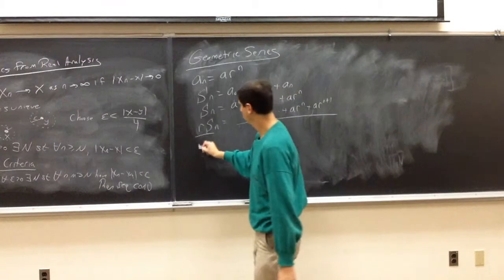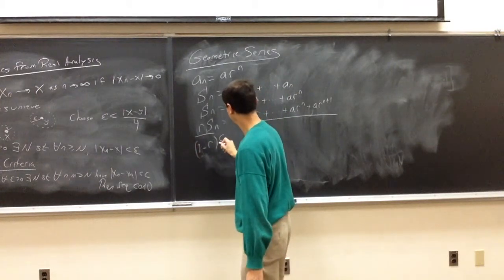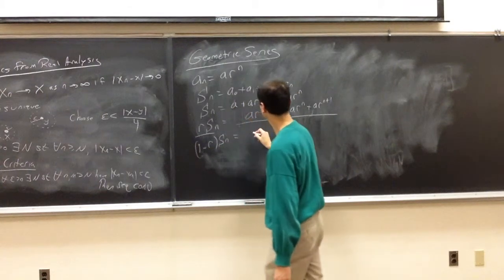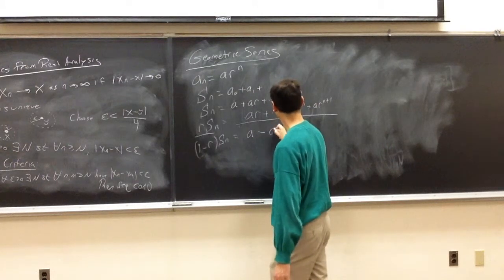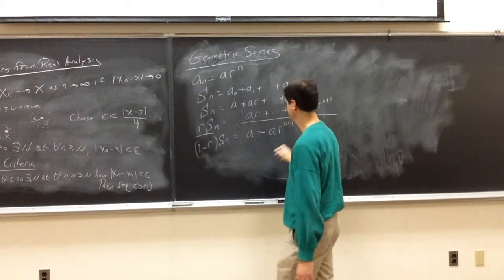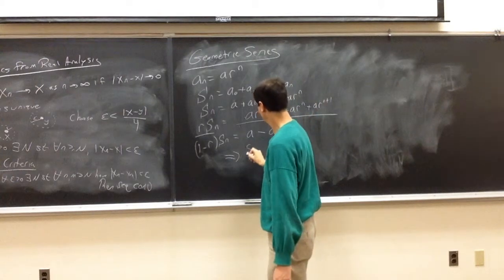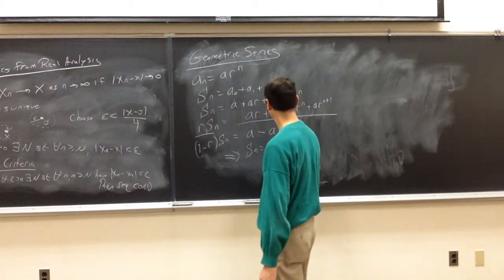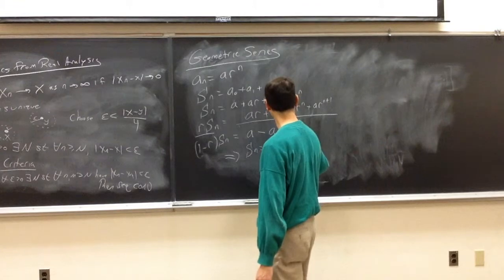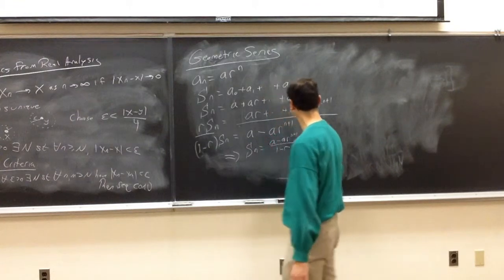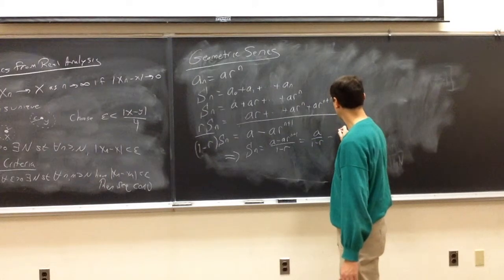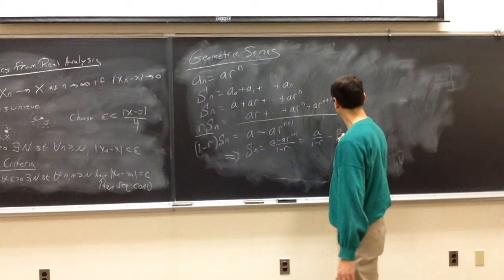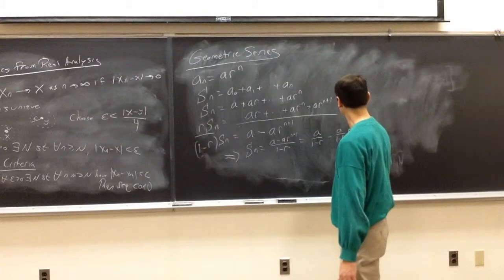And we're left with (1 minus r) times S_n is equal to a minus ar^(n+1). So we get S_n is a minus ar^(n+1) over 1 minus r, which is a over 1 minus r minus a over 1 minus r times r^(n+1).